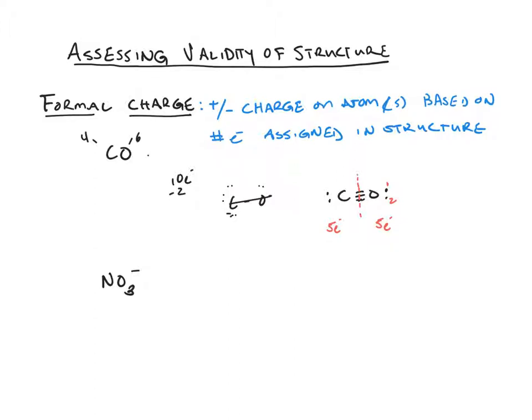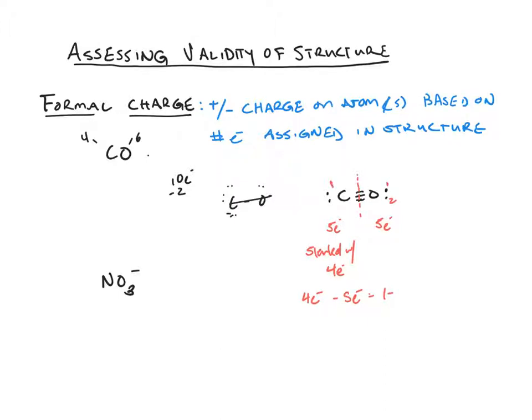Carbon started out with 4 electrons, because it's got a valence of 4. If I take the number of electrons we start with, which is 4, and subtract off the number of electrons assigned, that means carbon is carrying a 1 minus formal charge.